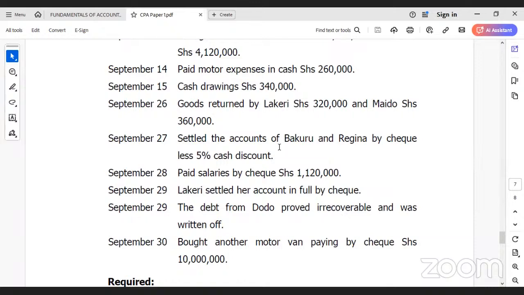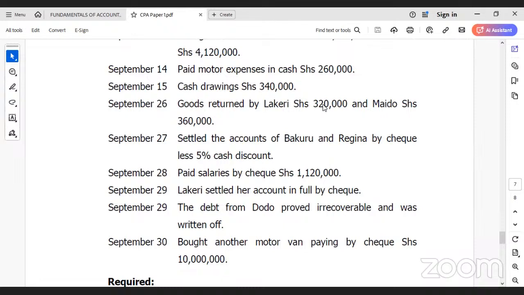So which accounts do we need in that case? We need the drawings account and then the cash account as well. So prepare the drawings account. Cash account, you already have it.